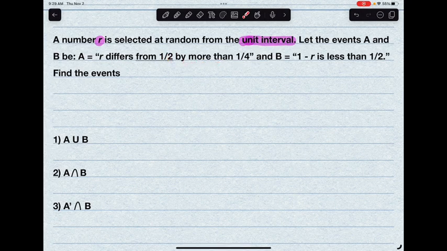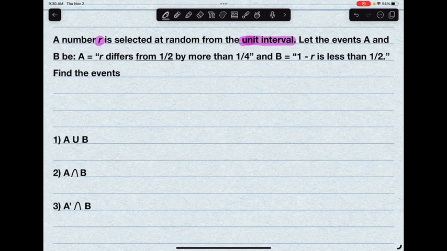And event B is the event that for all the numbers R, 1 minus R is less than 1/2. Okay, so we have 2 events. Now we're going to find A union B, A intersection B, and A complement intersection B. So before solving these 3 parts, what we need is to find A and B.